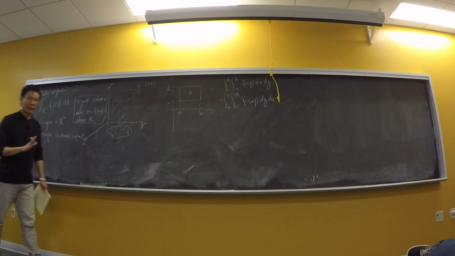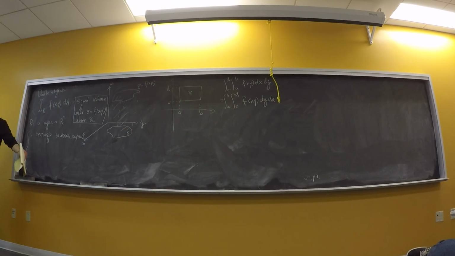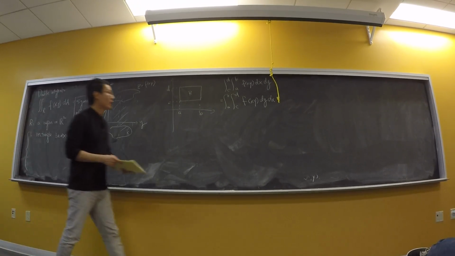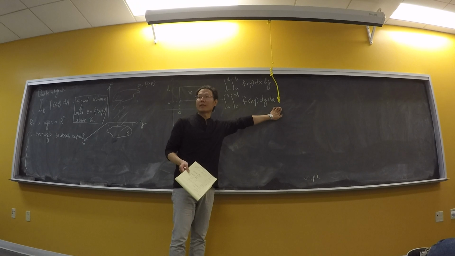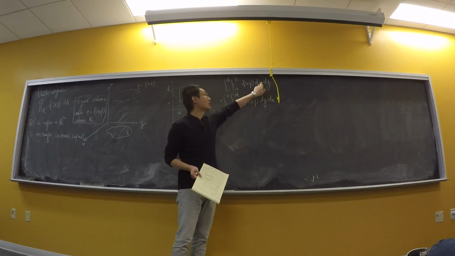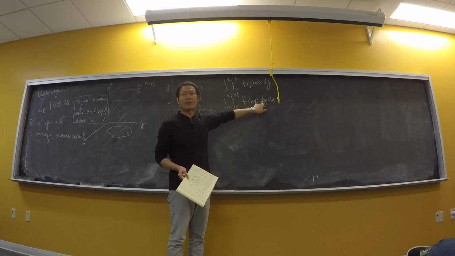So if your integrating region is a rectangle, everything is nice and easy. You can write down your double integral as two single integrals. And you can do the single integral either with respect to x first or with respect to y first.